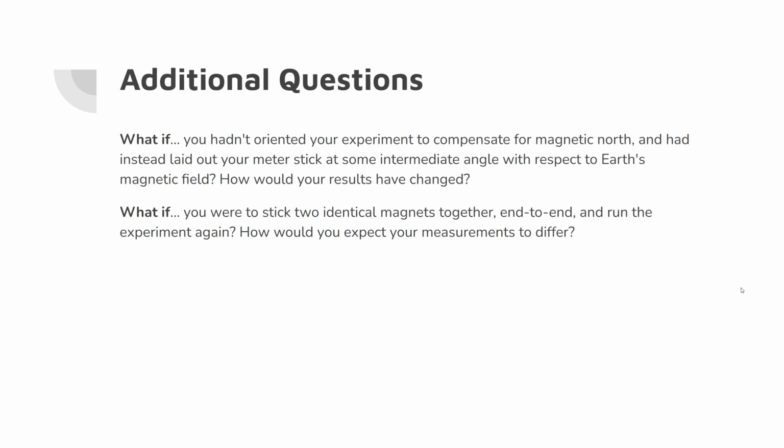So if we didn't account for the magnetic field produced by the Earth, each value would have been consistently off from the bar magnet's actual value by some portion of the Earth's magnetic field. And if we were to stick two identical magnets together and run the experiment again, we would have roughly the same exponent value, but the magnetic field measured at a similar observation point compared to the original experiment would basically be double.